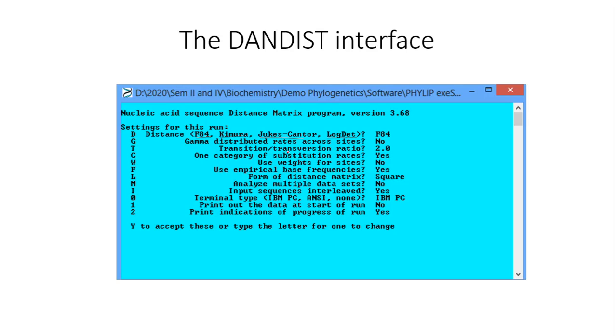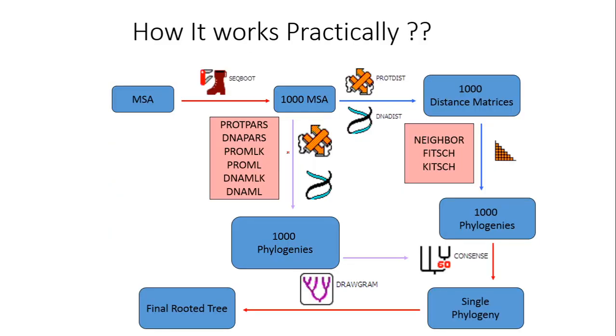So now I hope that you get the context of what exactly we are about to discuss in the upcoming lectures, and where exactly it will fit into the overall phylogeny protocol.